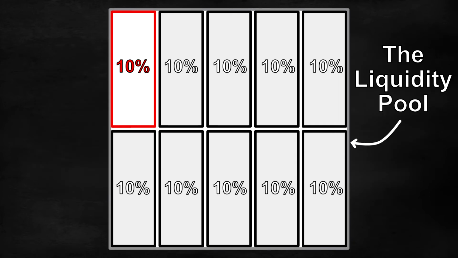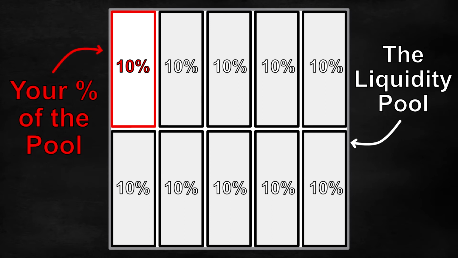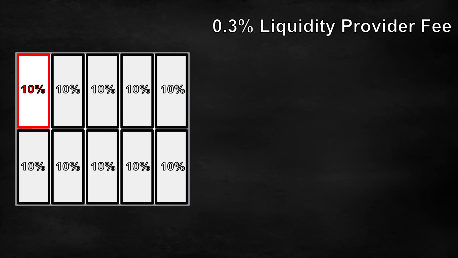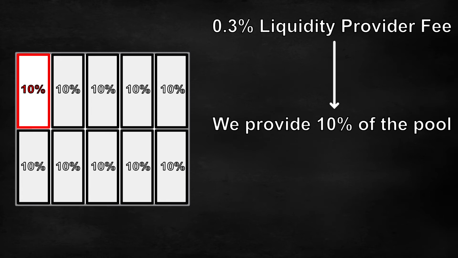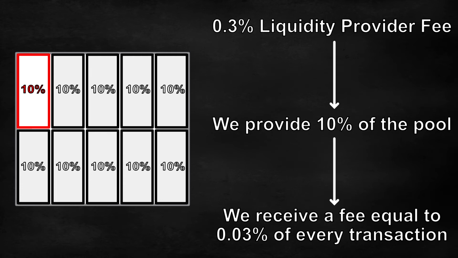When you are providing liquidity, your share of the liquidity provider fee depends upon your share of the liquidity pool. A typical liquidity provider fee is 0.3%. So if you were providing 10% of the liquidity, you would get 10% of that liquidity provider fee.